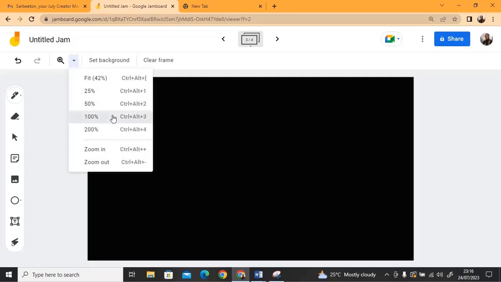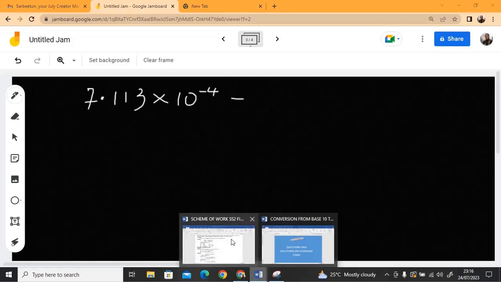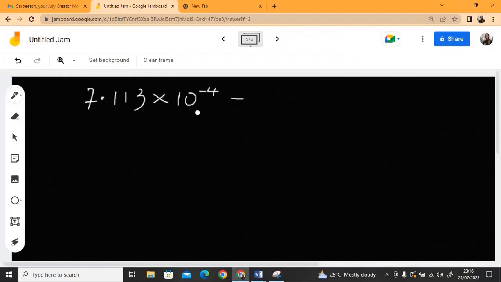7.113 times 10 raised to the power minus 4, minus, I think the minus there is in this particular book, minus 8.13 times 10 raised to the power minus 6.